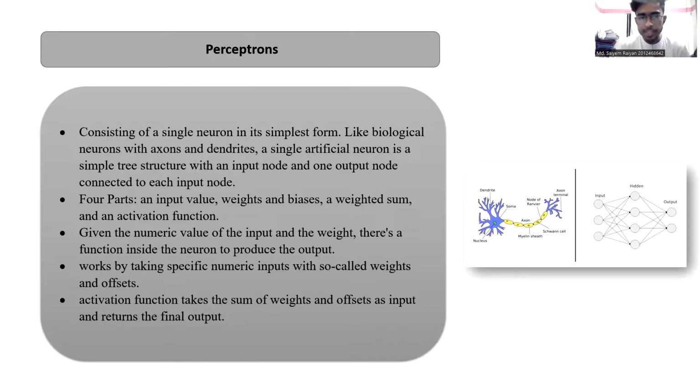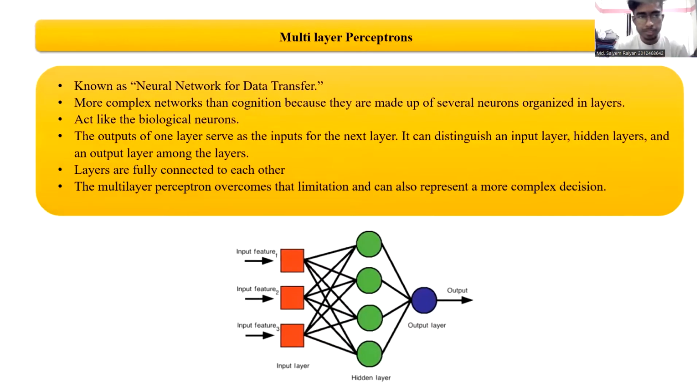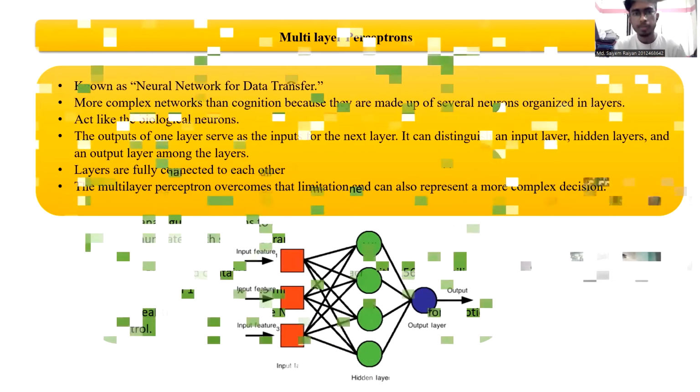It works by taking specific numeric inputs, so-called weights, and the activation function takes the sum of the weights and the offset of the inputs and returns the final output. Then the multi-layer perceptron is a more complex network than the perceptron because it is made up of several neurons organized in layers. The layers are fully connected to each other. This overcomes the limitation and can also represent more complex decisions.